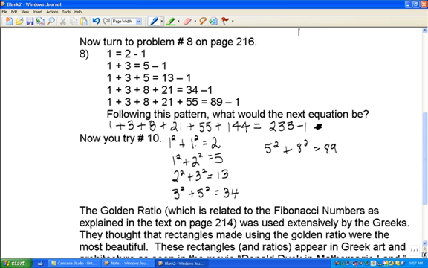So we have the first two Fibonacci numbers, and then we have the second one and the third one. Then we have the third and the fourth, and the fifth and the sixth. So that looks like we're going to need the sixth and the seventh. The seventh one, 2, 4, 6, would be 13.